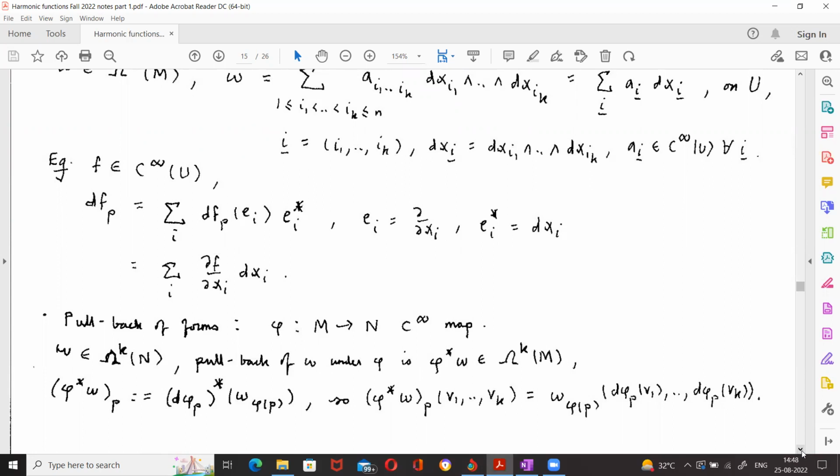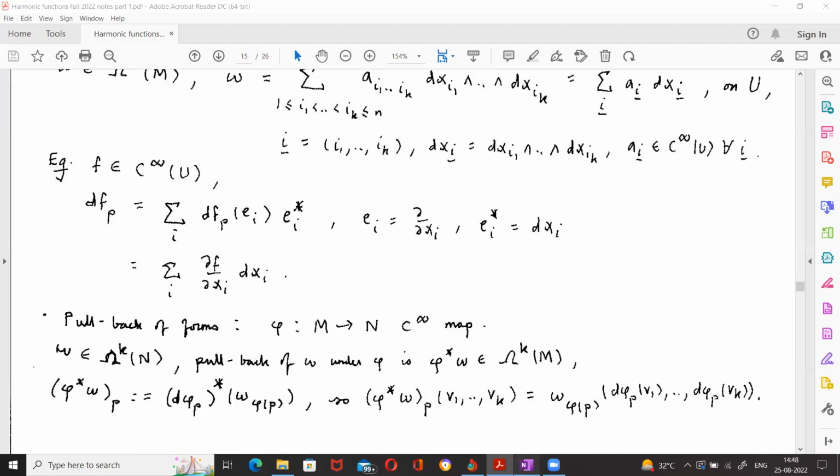So given a smooth map between manifolds, we can do this pullback pointwise. Given a K form omega on N, you can pull it back under the smooth map phi to get a K form phi star omega, which is a K form on M. Okay. So how do you define the pullback?